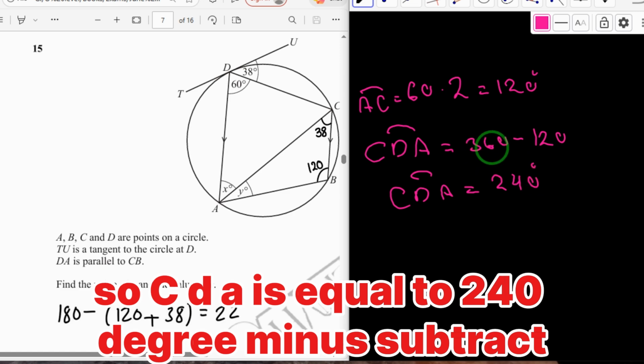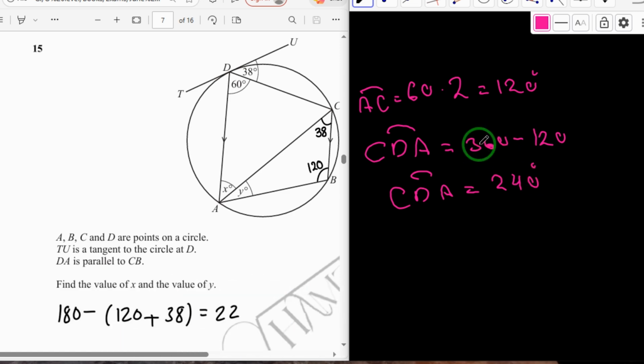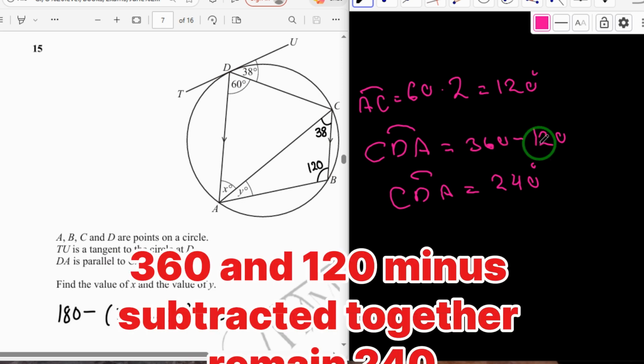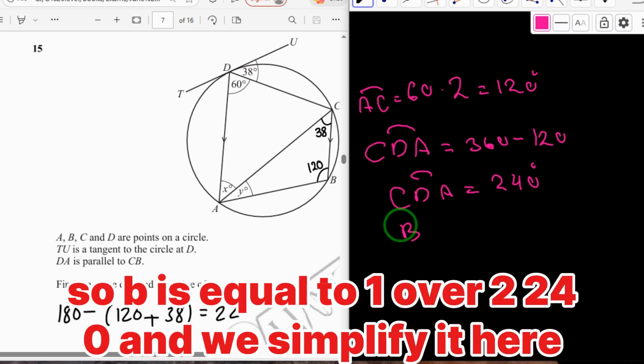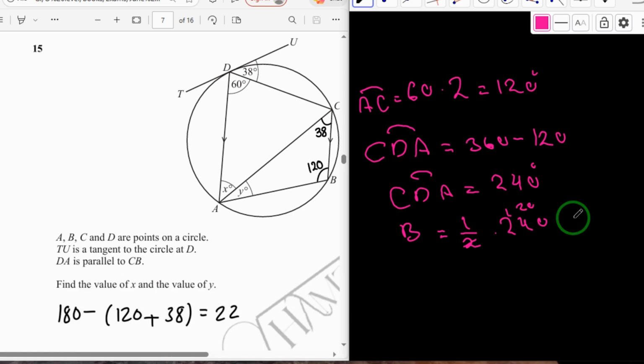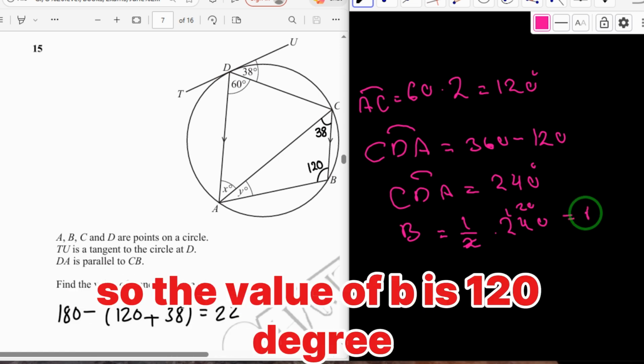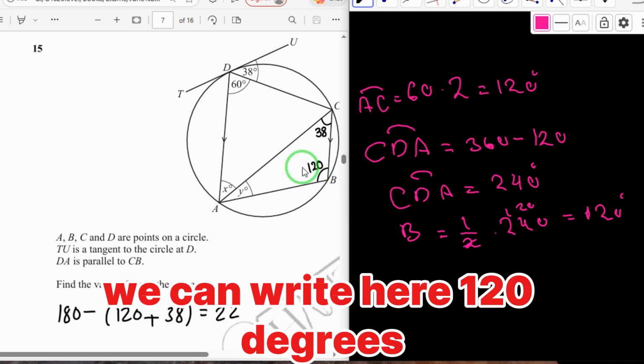When we subtract 120 from 360, 240 remains. The angle B is against this arc, so it is half of that. So B is equal to 1 over 2 of 240, and we simplify it. So the value of B is 120 degrees.